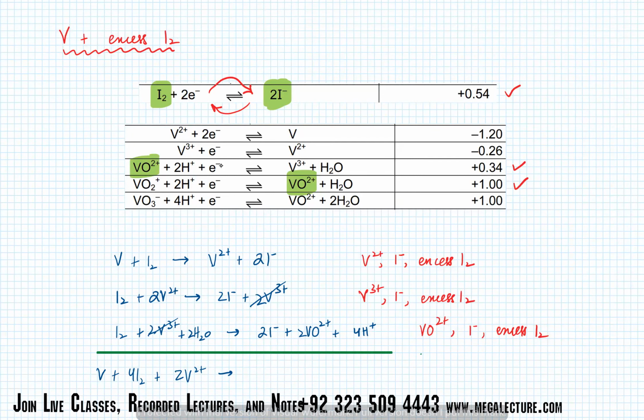I got V2 plus. I got 4I minus 1. I got 2 VO2 plus. अच्छा कुछ गलत हुआ इसमें ना ये. And I got 4H plus 1. यहाँ पे there was 2 water as well on the left side.